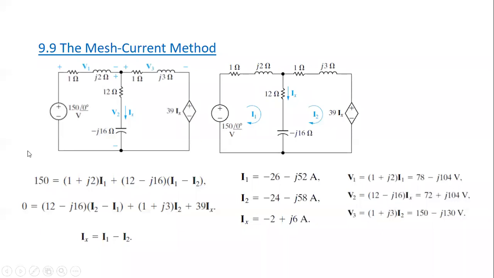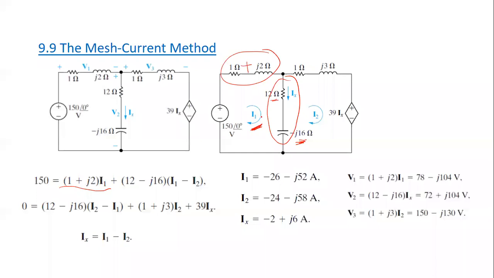Okay, so here we have a negative 150 taken to the other side of the equation, so it will be plus. Now I want to see the voltage drop. So the voltage drop across this impedance will be the current I1 times 1 plus j2 ohm. And the voltage drop across this impedance will be 12 minus j16 multiplied by which current?